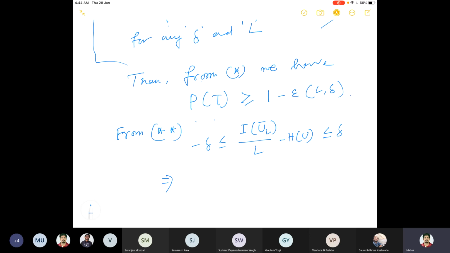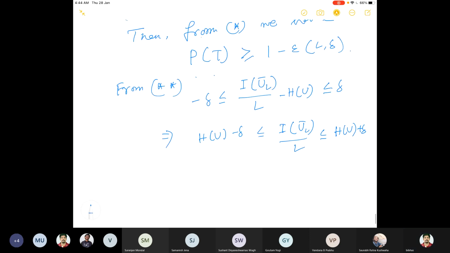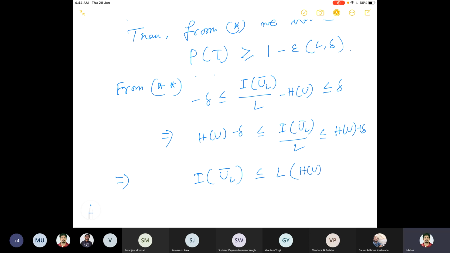So we can write H(U) minus delta less than or equal to I(U^L)/L less than or equal to H(U) plus delta. And so this implies I(U^L) is less than or equal to L times (H(U) plus delta), and greater than or equal to L times (H(U) minus delta). So, is this calculation okay?